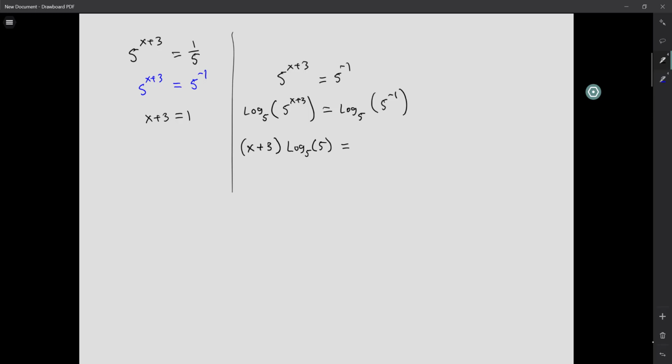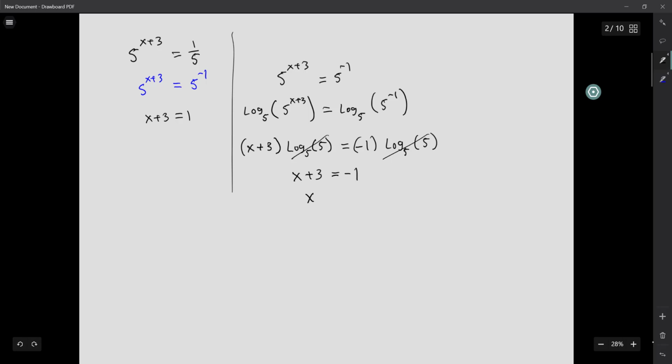And I do the same over here. Take the exponent out. I've got negative 1 times log base 5 of 5. And then I could either say, well, log base 5 of 5, yes, is just 1, or I can say I'm dividing them off of both sides. And the result is I have x plus 3 equal to minus 1.